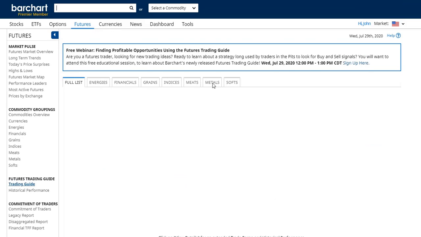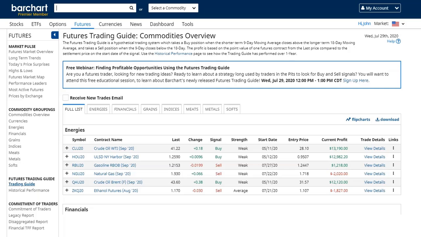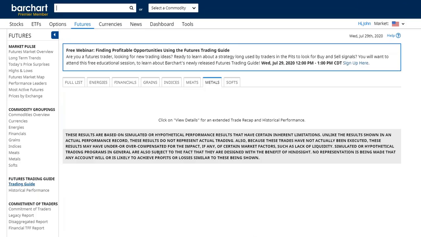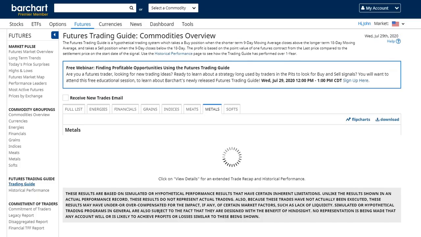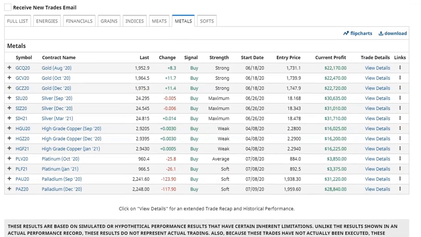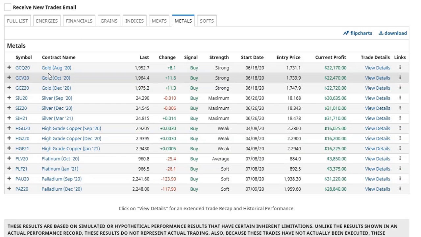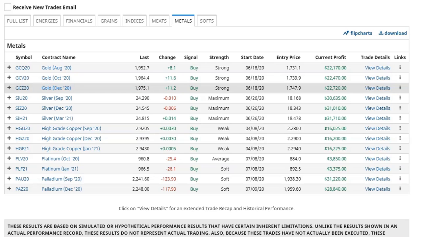One of the nice things Barchart does for us is, if I go to the individual tabs of the market, it gives us a couple of options of what months we can roll forward into. You can see the August contract is the first to expire, and it's telling us we could trade the October or the December contract.